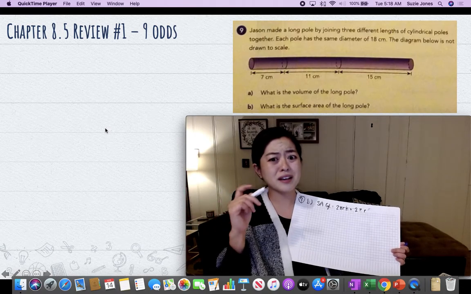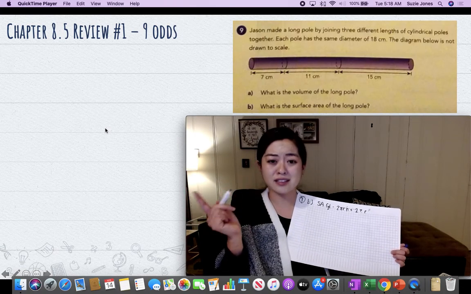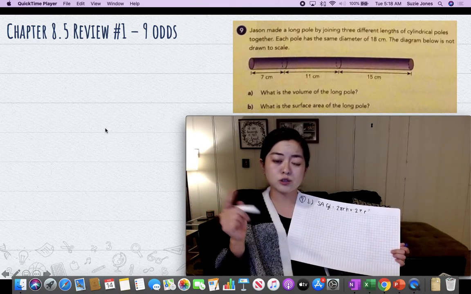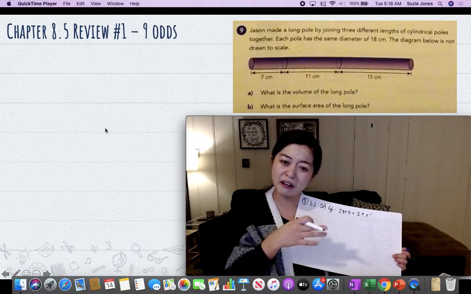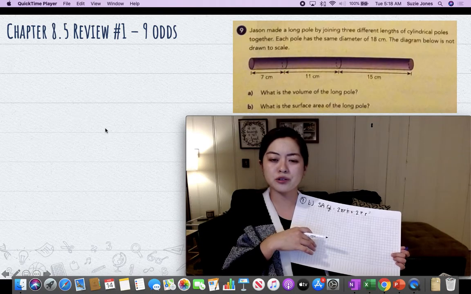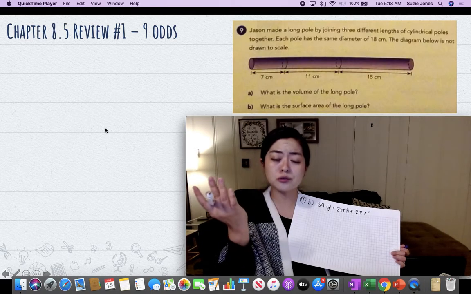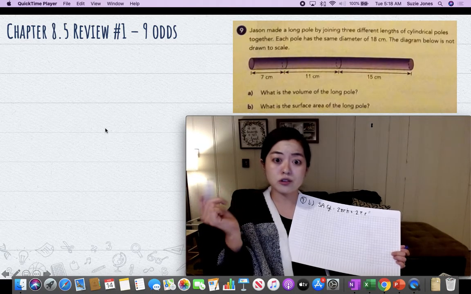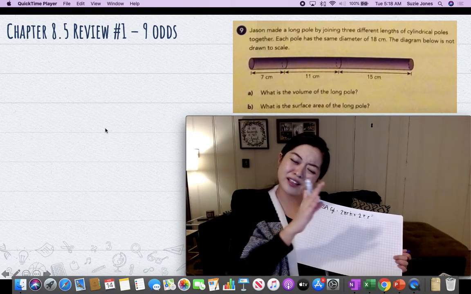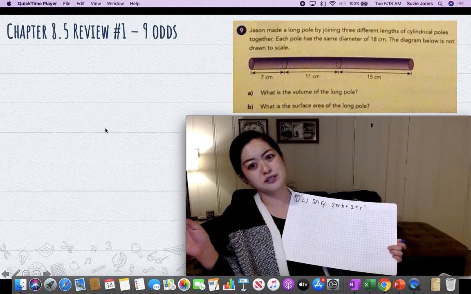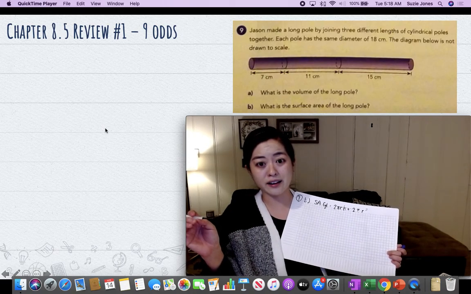But again, because the diameter is the same for all three cylinders, which means their radius is the same for all three and it's connected, what you can do is kind of do what we did before in part A, where we just treat it as one larger cylinder. Do you see that?